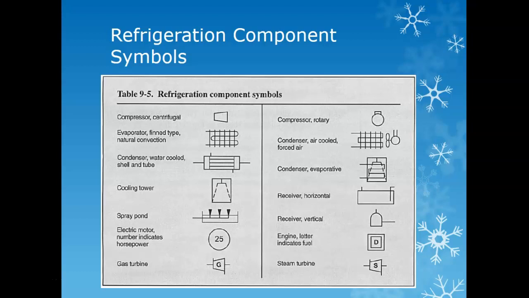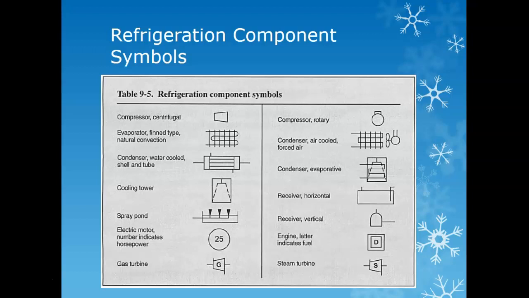You have a receiver, vertical versus horizontal, condenser. This particular one is evaporative. So what they do with an evaporator condenser is very similar to the fin type, except that the way this one works, a couple of different ways.